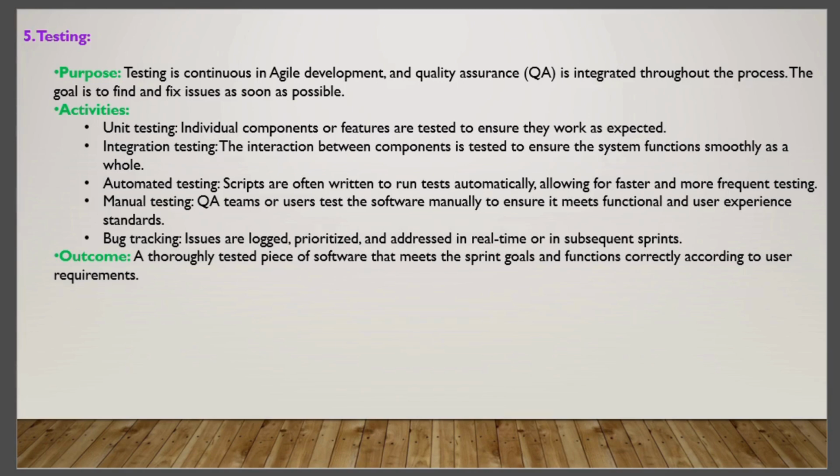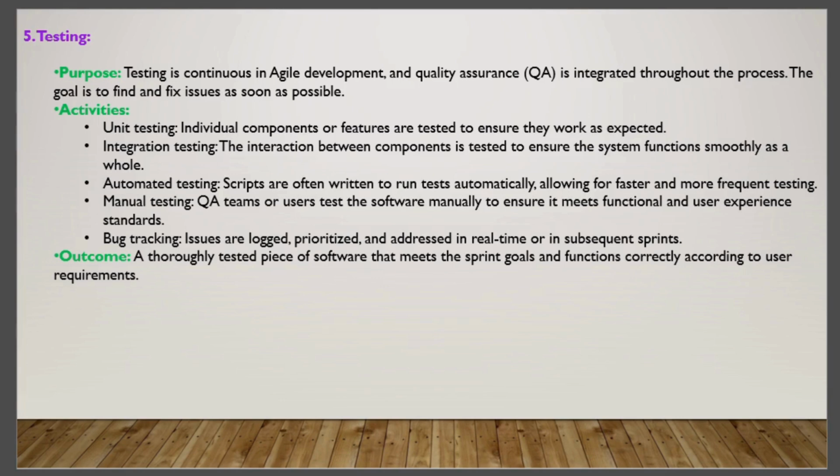Unit testing. Individual components or features are tested to ensure they work as expected. Integration testing. The interaction between components is tested to ensure the system functions smoothly as a whole. Automated testing. Scripts are often written to run tests automatically, allowing for faster and more frequent testing.